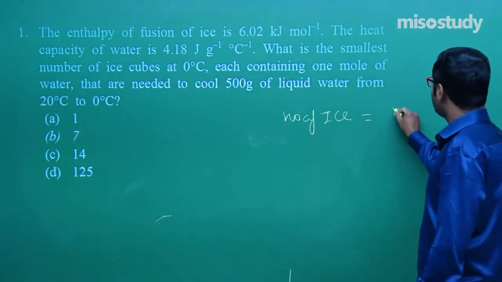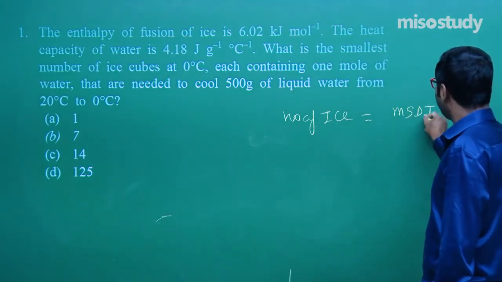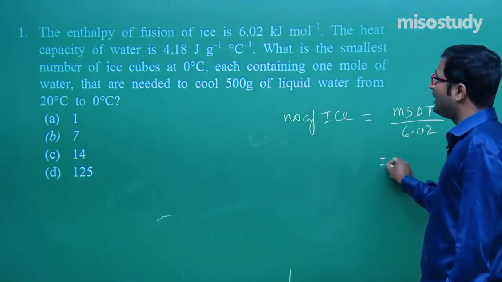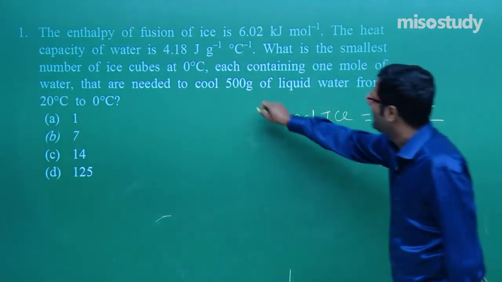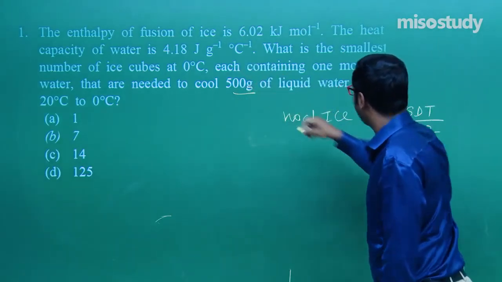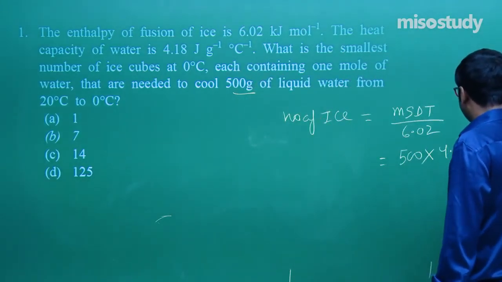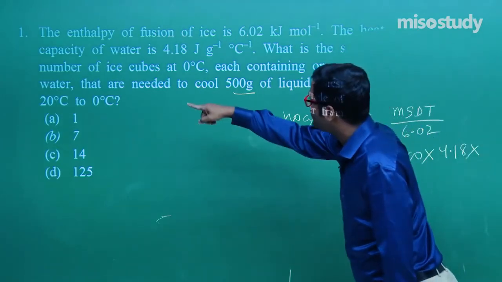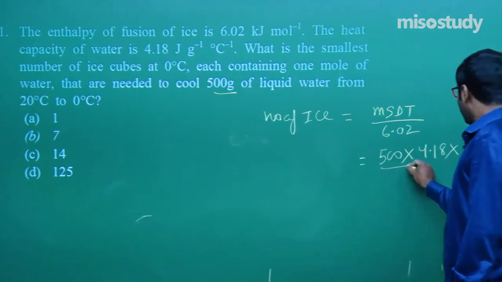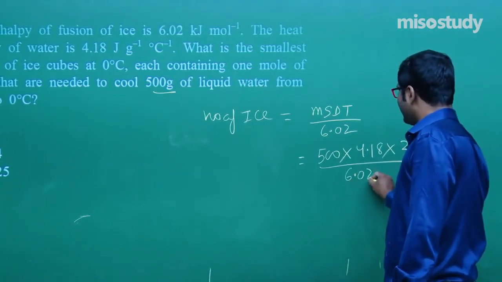That is Q. Q is equal to m s delta T upon per mole, given 0.62. This is the formula. Very simple. What is m? That is 500. What is s? Here it is given 4.18. Clear to you? And what is the delta T? It is 20. Clear to you? Now divided by 6.02.